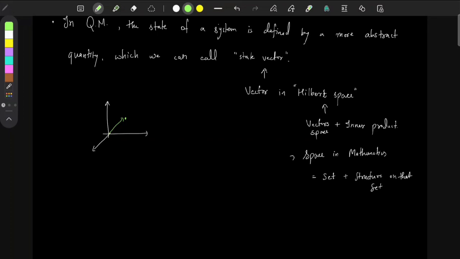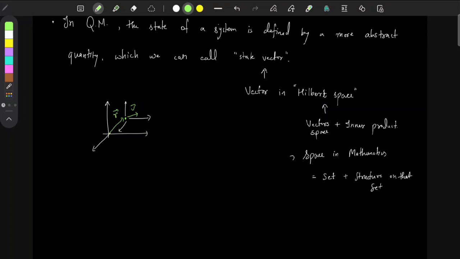But as soon as you go to measuring the velocity, the velocity is not really a vector in the space around us. It is in some different space which is mathematically the same as the space around us, but it is different from the space in which we live. So the vector space of velocities or momenta is different from the space around us.